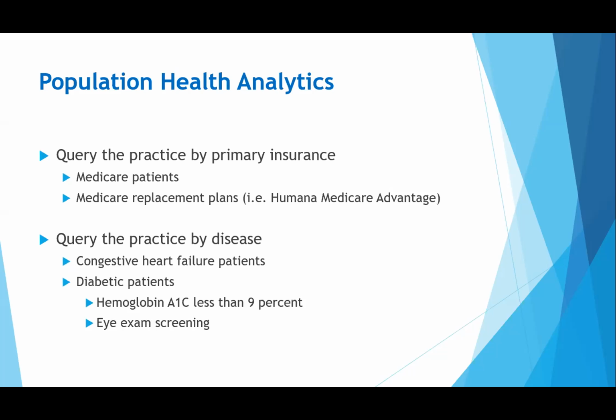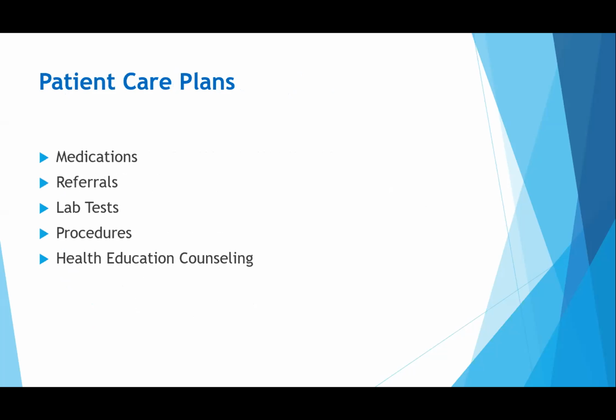And then the other example given on diabetes, the entry for which patients had a hemoglobin A1C less than 9, and also the patients who had the diabetic eye exam. So these were the elements that the care plans that we created we were encountering.